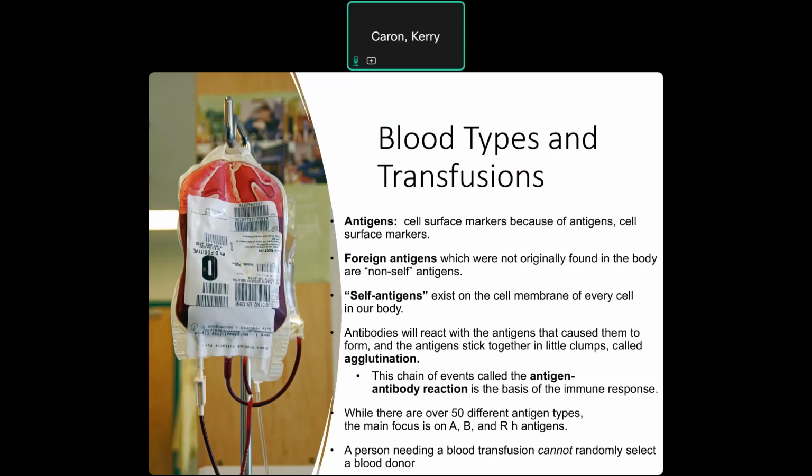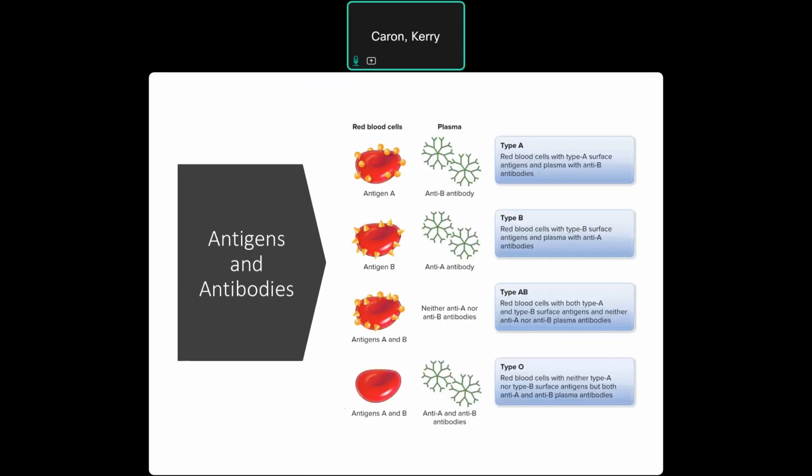We have 50 different types of antigens, but we mainly focus on the A antigen, B antigen, and RH antigen. Selecting blood for a person needing a transfusion can be a matter of life and death, and you can't just randomly select. I'll teach you how to understand this.